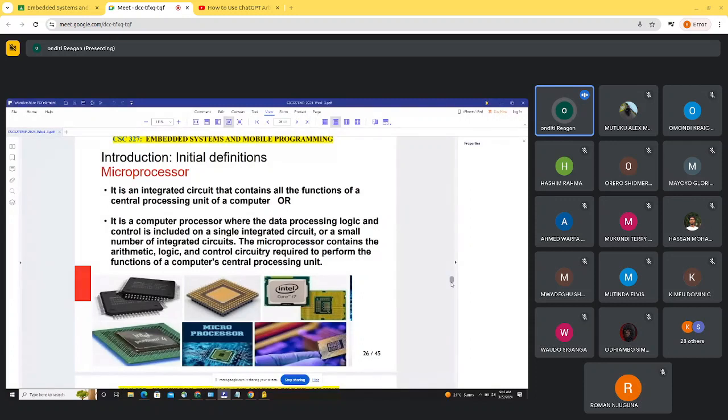This was sometime in the second year. One of the things that you know is that it is an integrated circuit, meaning that it is an IC that contains all the functions of a central processing unit of a computer. Or it is a computer processor where the data processing logic and controls are included on a single integrated circuit.